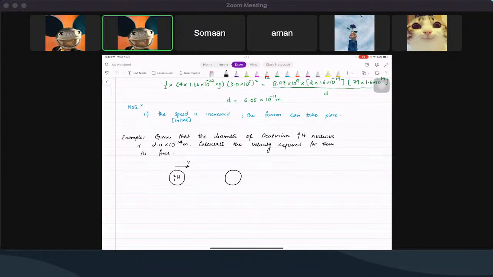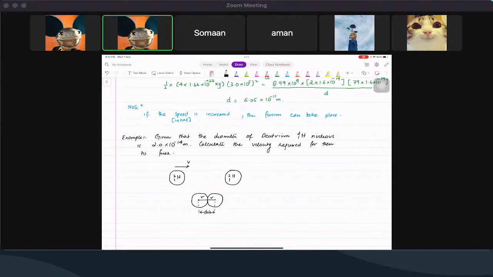One is moving, one is stationary, and they want them to basically fuse, meaning they want to touch each other like this. If this is the center, then this would be the r, and this would be r as well, which means the distance between them is the diameter, and we want to find this, right? And basically this would be the closest approach.